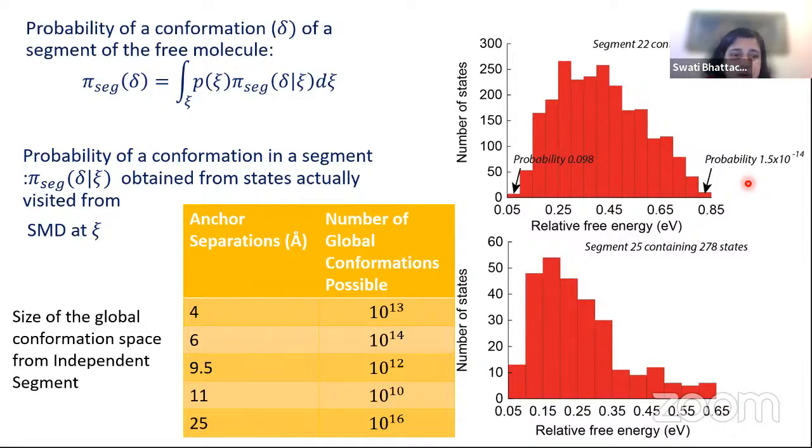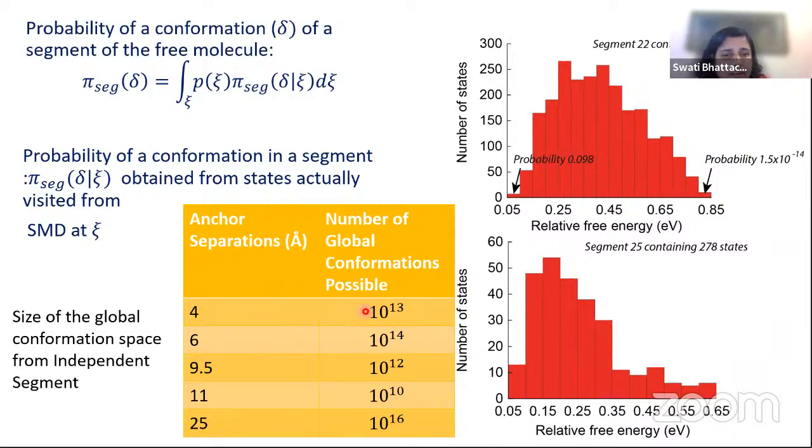There's one more thing over here, which is, what is the size of the global conformational space from independent segments? This is something that I've computed at various anchor separations from 4 to 25, and the number of global conformations possible. This is built up because the chain is built up of these independent segments, and I'm counting the number of segment states and multiplying these to obtain the number.